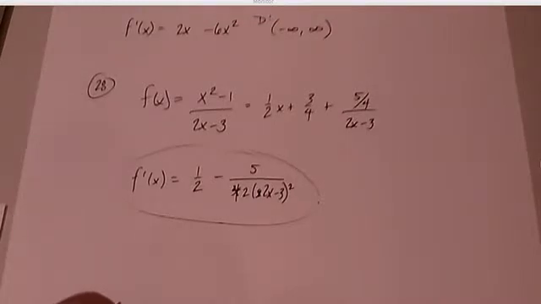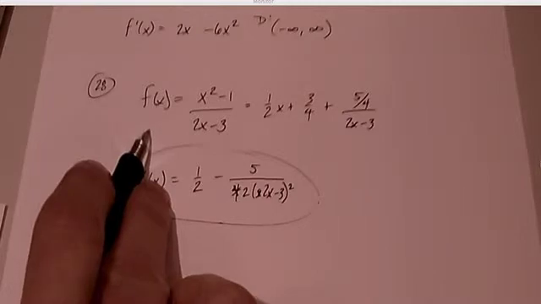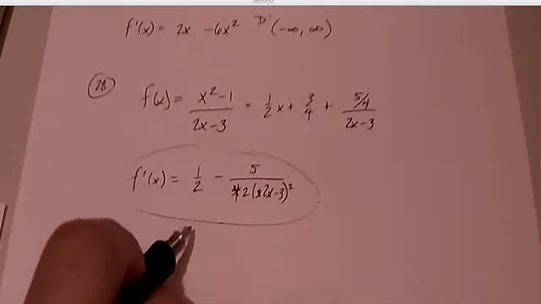So how can you describe the behavior of the original function at a point where the original function doesn't even exist? It just doesn't make any sense. So you have to remember that any restriction on the original function in terms of domain will show up in the derivative function.